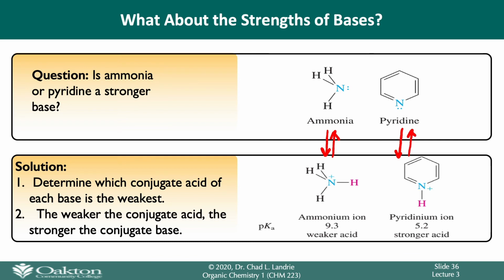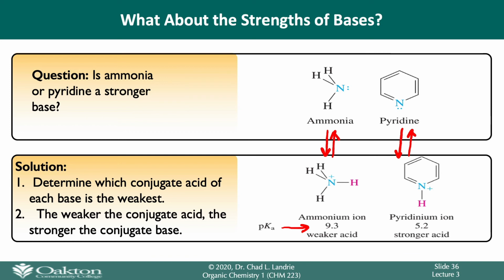And you can look up the pKa's for acids easily in a table, right? And you would see that the pKa for the ammonium ion is 9.3 and pyridinium 5.2. Once we know the relative strength of an acid, we can infer the strength of the base. Use corollary: the stronger the conjugate acid, the weaker the conjugate base.